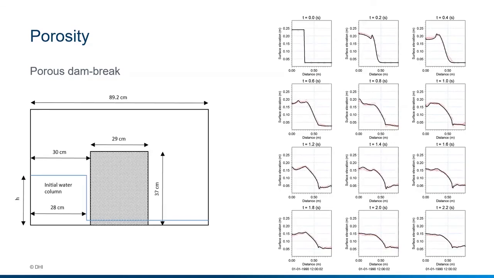Then, as we remove this, we see the water slowly running through the media, and the surface elevation, or the head loss between the two positions, is leveling out, and after 2.2 seconds we have a steady flow throughout the porous media.